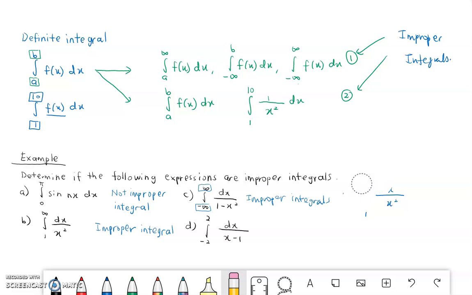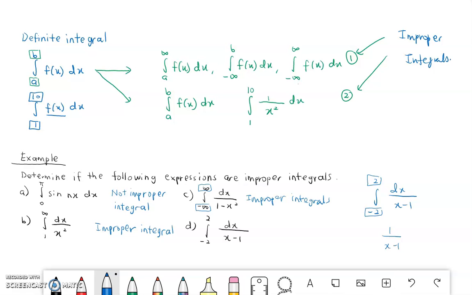And the last one is from negative 2 to 2 of dx over x minus 1. We can see that the interval here is finite, so it is not a type 1 case, but you have to check the function of this integral, which is 1 over x minus 1.